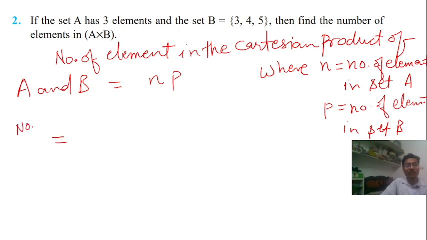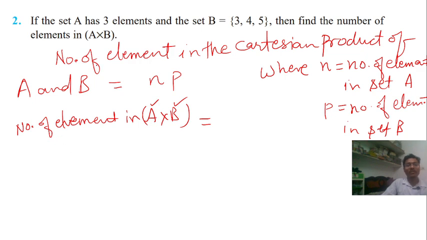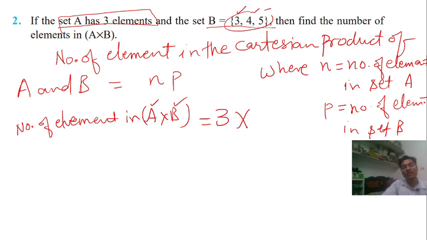Here we will have to find the number of elements in A cross B. So we will have to find the number of elements in A and the number of elements in B. They are simply saying here that set A has 3 elements, and we can count the number of elements in set B: 3, 4, 5, means B also has 3 elements, so we will again write 3 here.